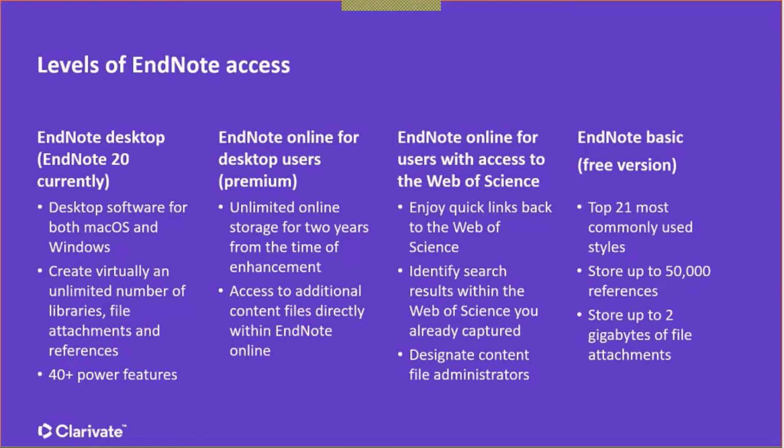With EndNote Desktop, you can create virtually an unlimited number of EndNote libraries, file attachments, and references. And as we'll see today, there are over 40 power features that are only available with the desktop version of EndNote.